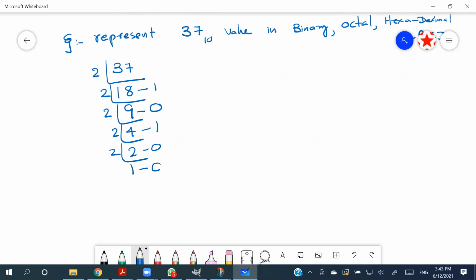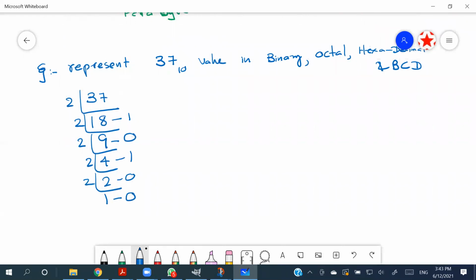So 1 and 0 is remaining. So 37, this decimal value, in binary, what do we have? 1 0 0 1 0 1. That is the binary value.